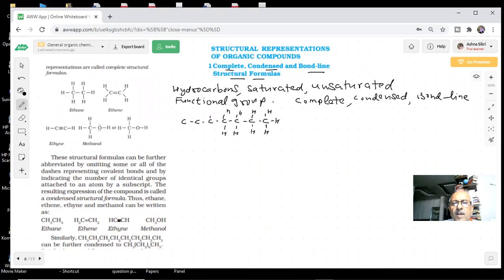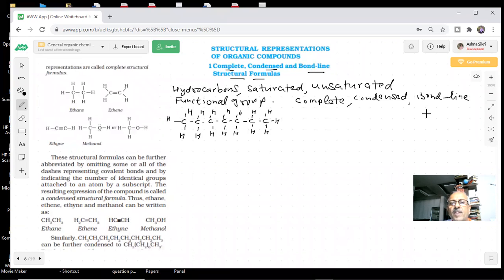So here I have given a representation. This is the complete form. I have completely written everything. In the condensed form, what are you going to do?